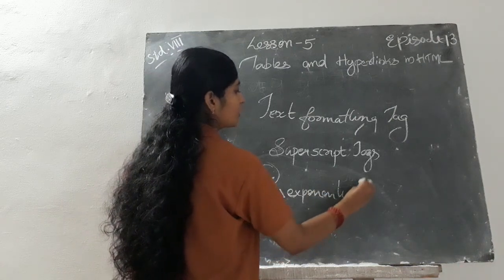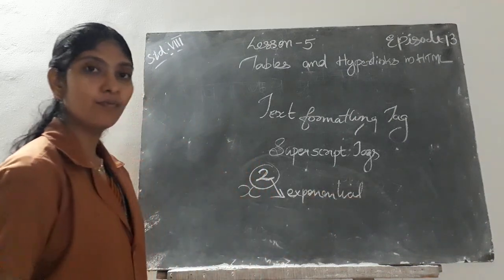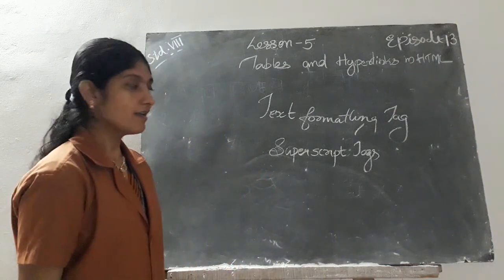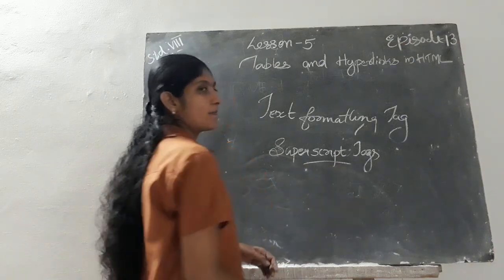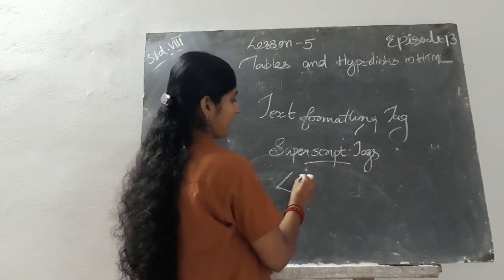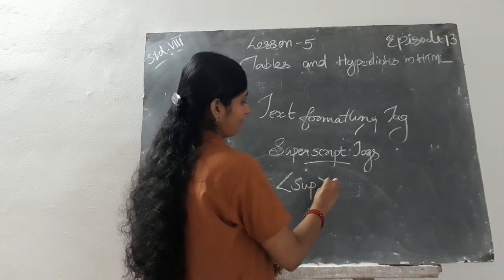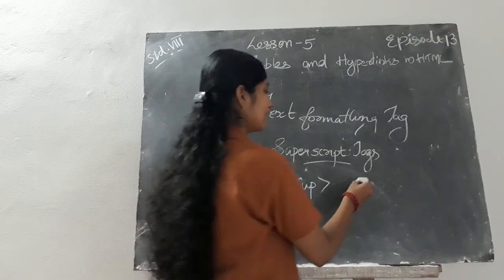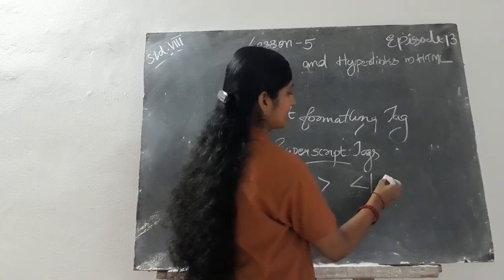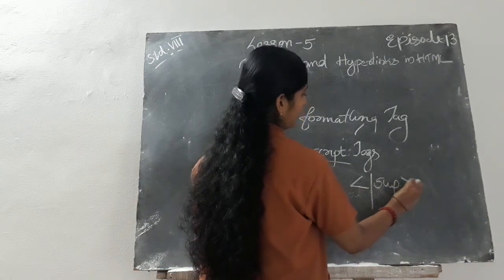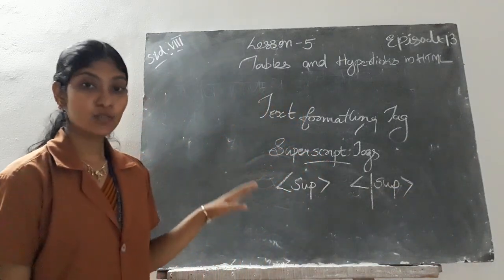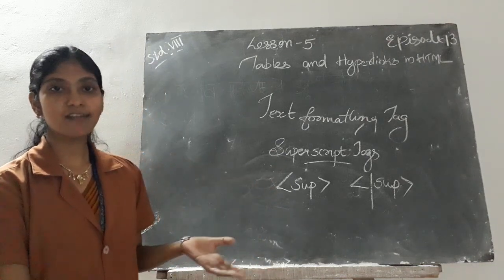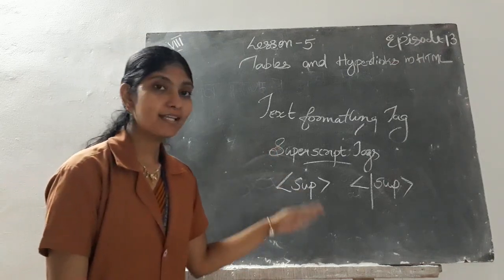So if you want to type any type of exponential format, you can use superscript tag. Superscript tag can be represented using the letters S, U, P. This is the opening of superscript tag and the closing or ending tag is SUP. So if you want to make an exponential form, you can use superscript tag.